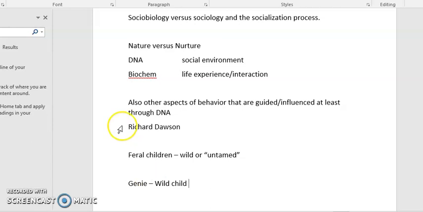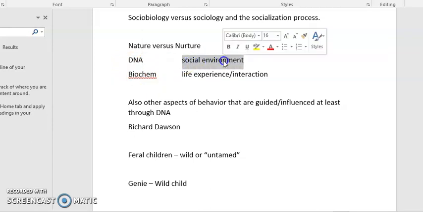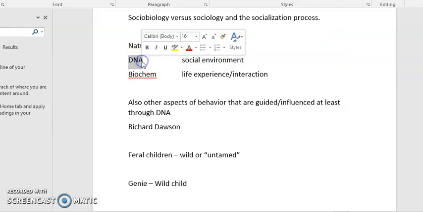Even though we have been deprived of a social environment like typical people have, does our DNA take over and make us behave in any kind of recognizable human way? So these wild children, there are several other examples. You can read about them in your textbook and look them up online. They give us data that we can use to examine that question.